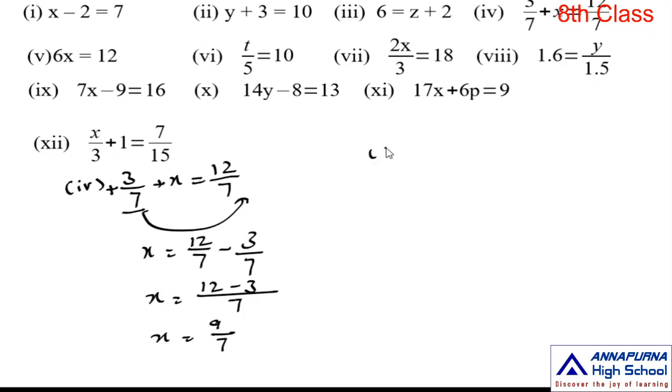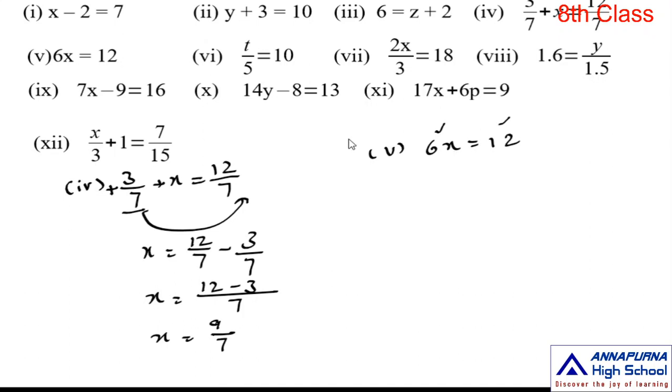And come to the fifth one. So the fifth one, the given equation is 6x is equal to 12. Okay, so in this equation, in total how many terms are there? There are two terms. One is the x term and the other one is the constant term. The x term is present on the left side and the constant term is present on the right side. Okay, so now you solve this equation, which means to make this equation a true statement, at which x value?